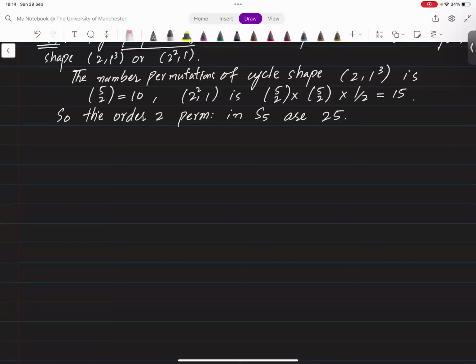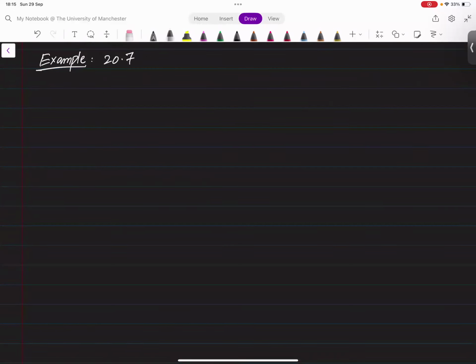Okay, so there are many situations in which it is useful to be able to work out the order of a permutation. So here is an example again, 20.7. A pack of 8 cards is shuffled in the following way.